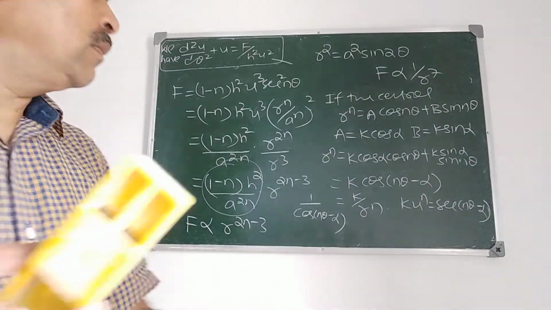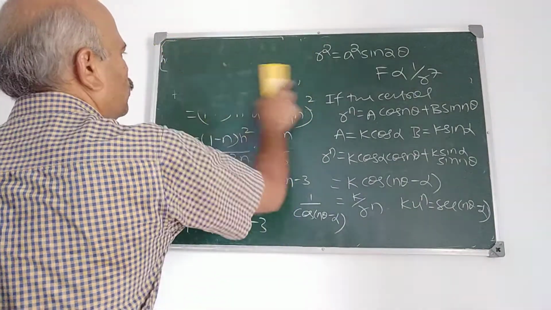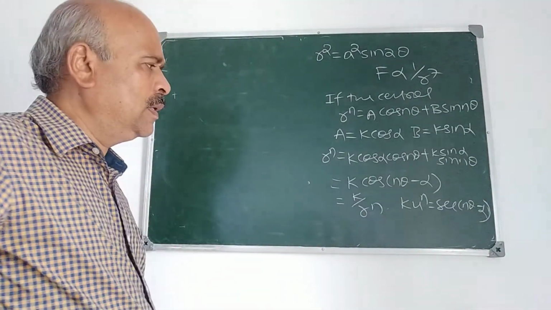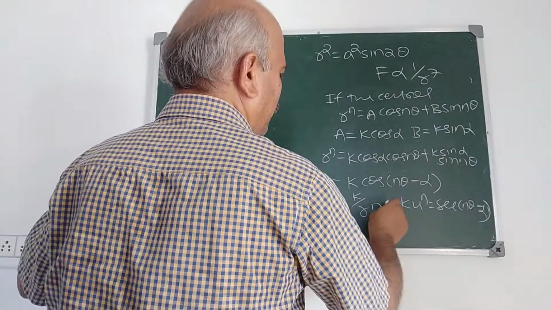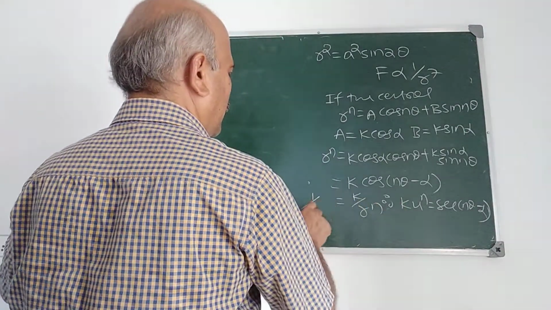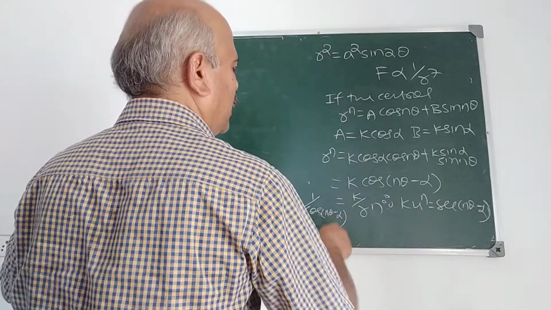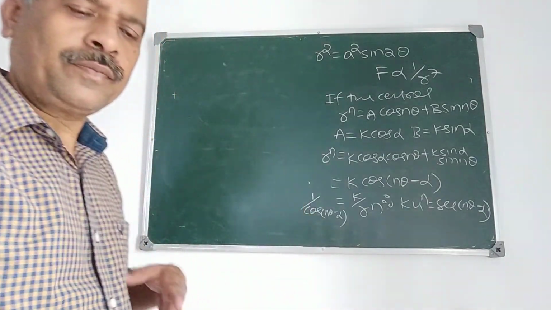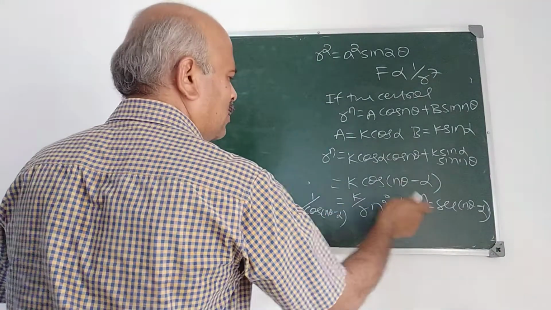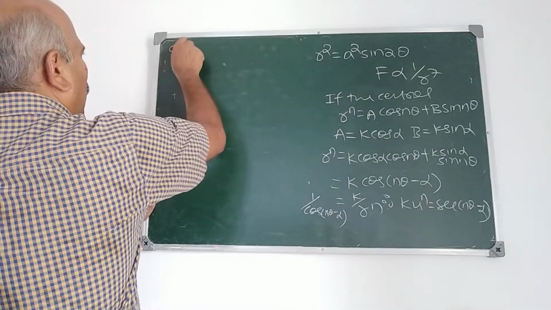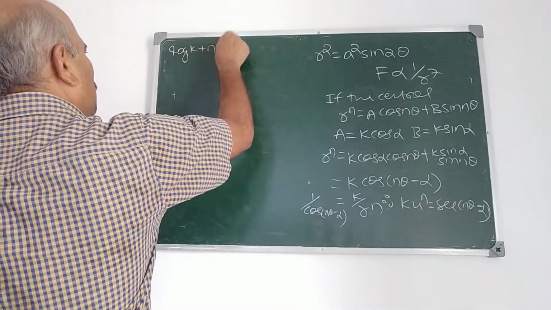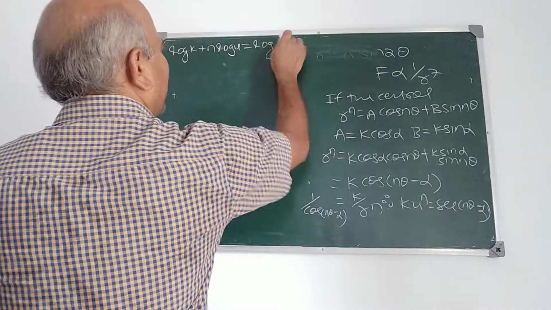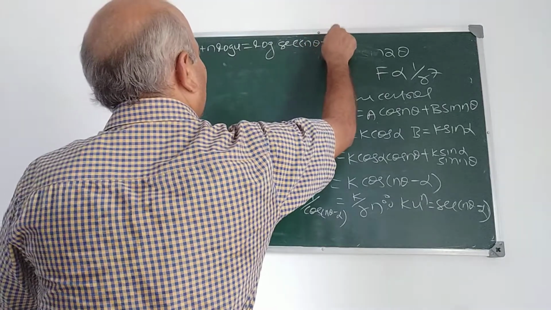This is the given equation now: k into u raised to n is sec of n theta minus alpha. Now, how to differentiate? Since u raised to n is there, we take log. Log k plus n log u is equal to log of sec of n theta minus alpha.